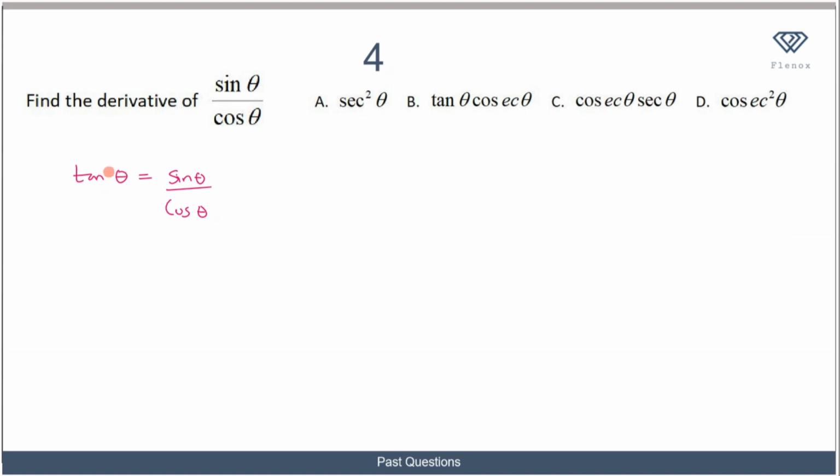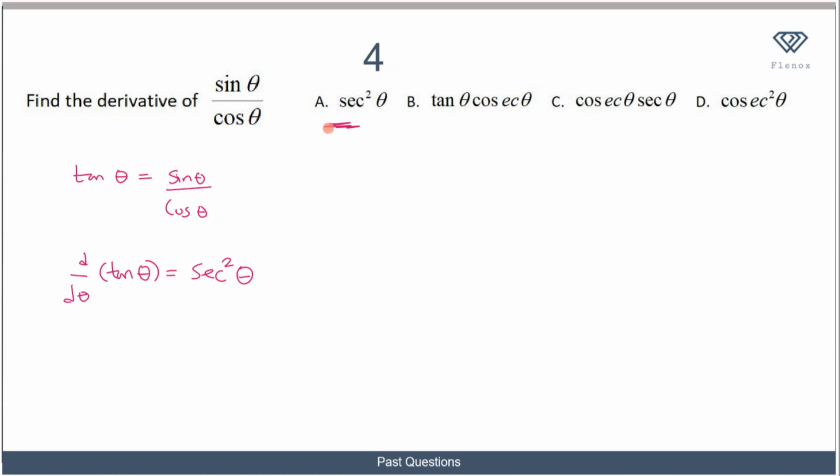So now based on the differentiation of trigonometric functions, what I asked you to memorize earlier, you will recall that when you differentiate tan theta, you're going to get sec square theta. So d over d theta of tan theta, that means when you differentiate tan theta, is equals to sec square theta, and that makes the correct option to this question option A.